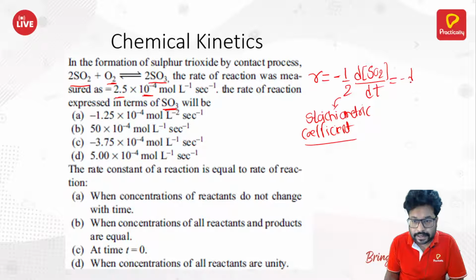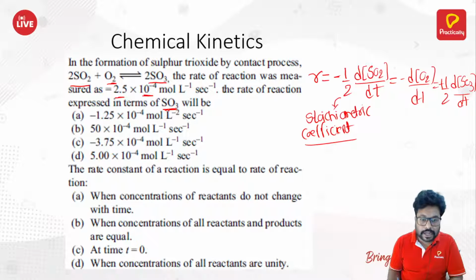Is equal to minus d of O2 divided by dt is equal to plus 1 by 2 d of SO3 divided by dt. They are asking for SO3 only, right? So R is equal to plus 1 by 2 d of SO3 divided by dt. So 2 goes to that side.